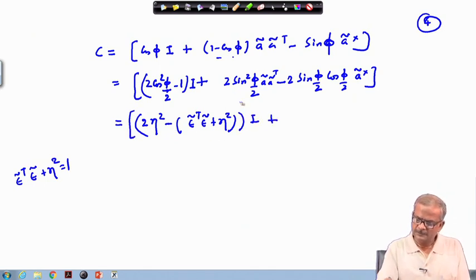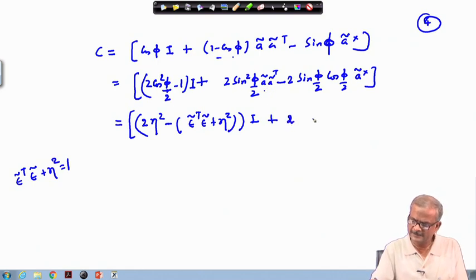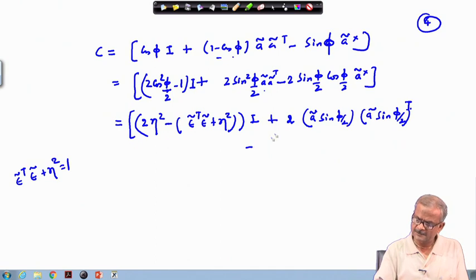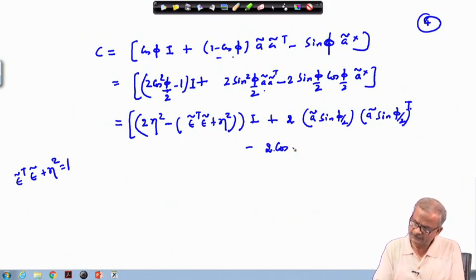And here this can be again rearranged as A tilde sin phi by 2 times A tilde sin phi by 2 transpose minus 2 cos phi by 2, we can replace at this stage, or maybe in the next line we will do that, 2 cos phi by 2 times A tilde sin phi by 2 cross.